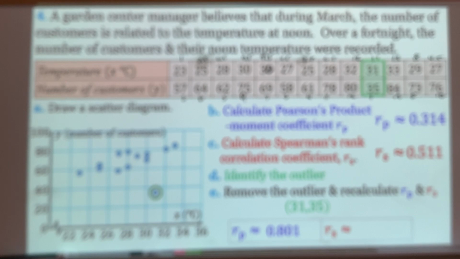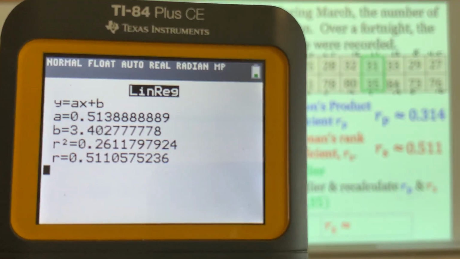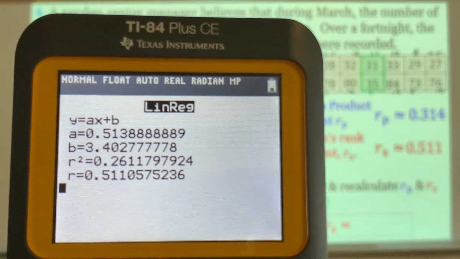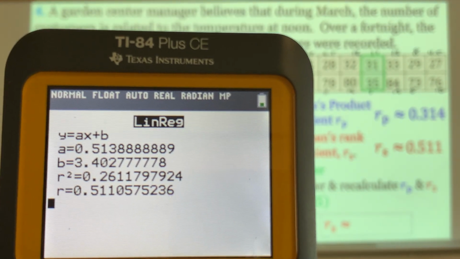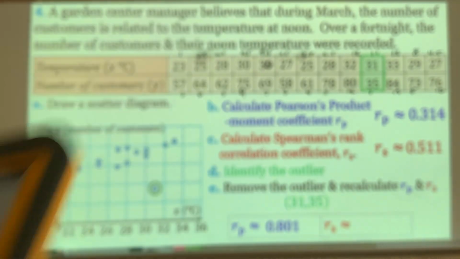Yep, put 13 as a 3. Made my 13 a 3. So your R is 0.155. Now here's the problem.